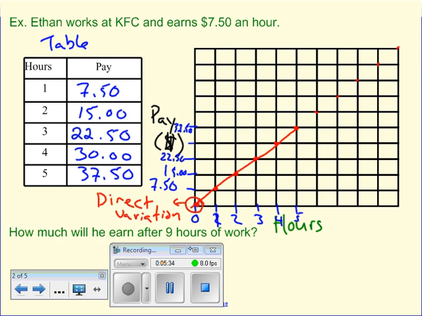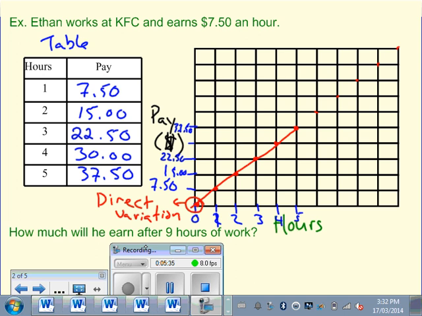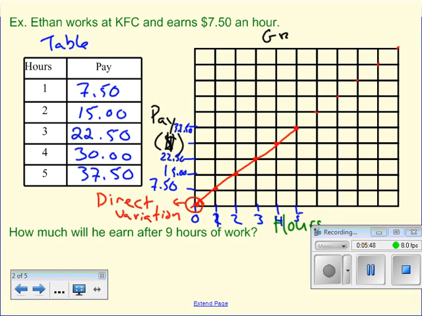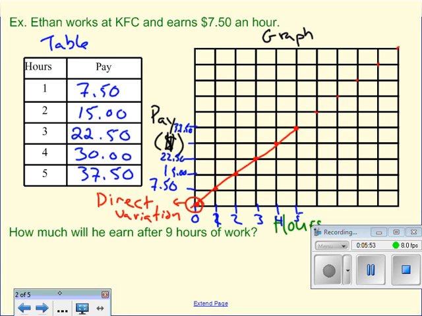And then my final question, just to finish off here, is how much will Ethan earn after 9 hours of work? And this is something I can now express algebraically. So here I have a table, and I have a graph, and this one will be algebraically, so I can put it into an equation.